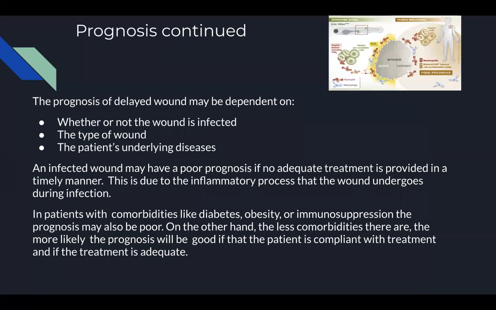Also, like we mentioned before, patients who have comorbidities like diabetes, obesity, or patients who are taking immunosuppressant drugs may have a poor prognosis for delayed wound healing. But a patient who has fewer comorbidities and adequate nutrition can have a better prognosis.